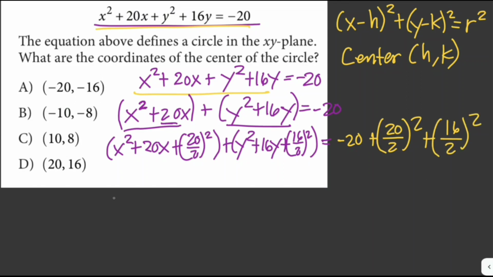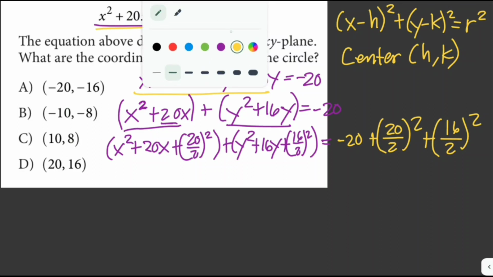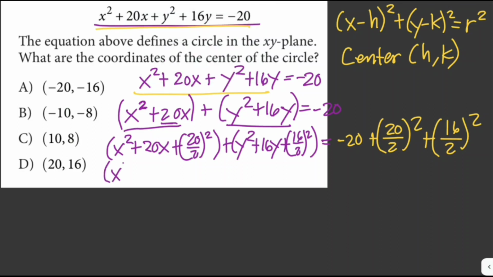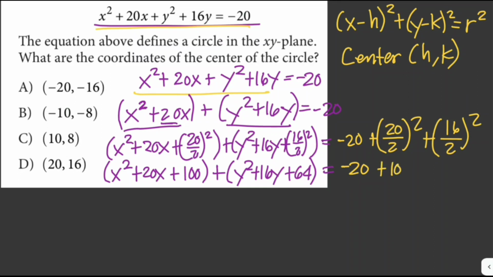So this is just x squared plus 20x. 20 over 2 is 10, then 10 squared is 100, plus y squared plus 16y. 16 divided by 2 is 8, then 8 squared is 64. And on the right, this is negative 20 plus 100 plus 64.